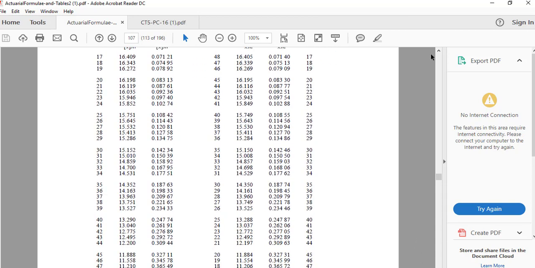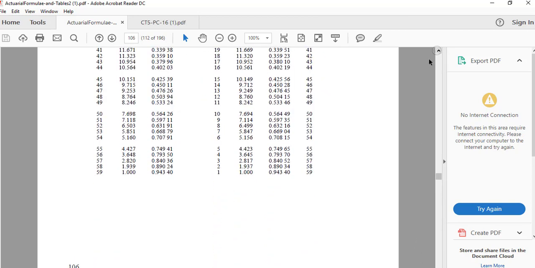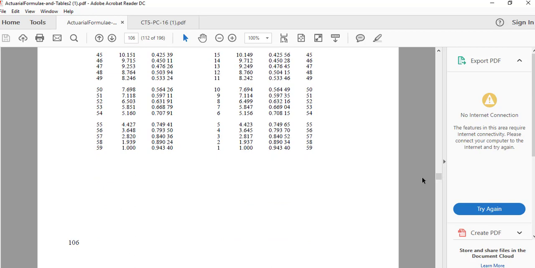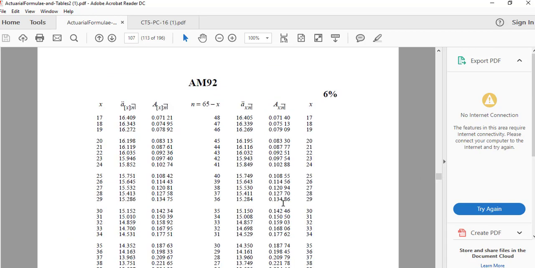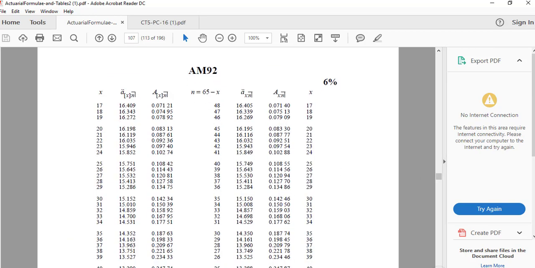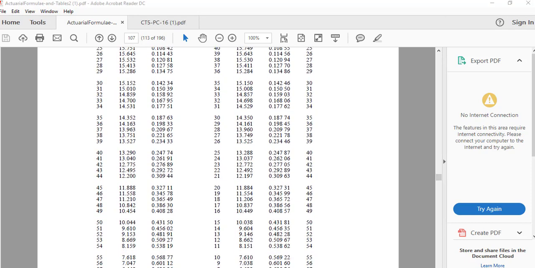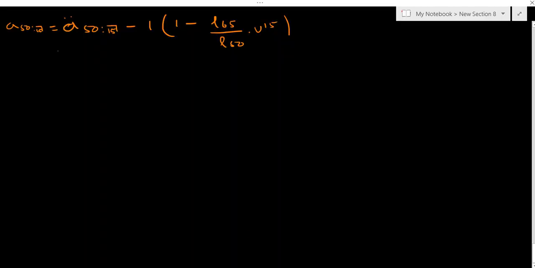This is page number 107, I think, of your tables. Yes, so page number 107, 5015. We need the value of A5015. So it is just A due 5015, which is equal to 10.038.